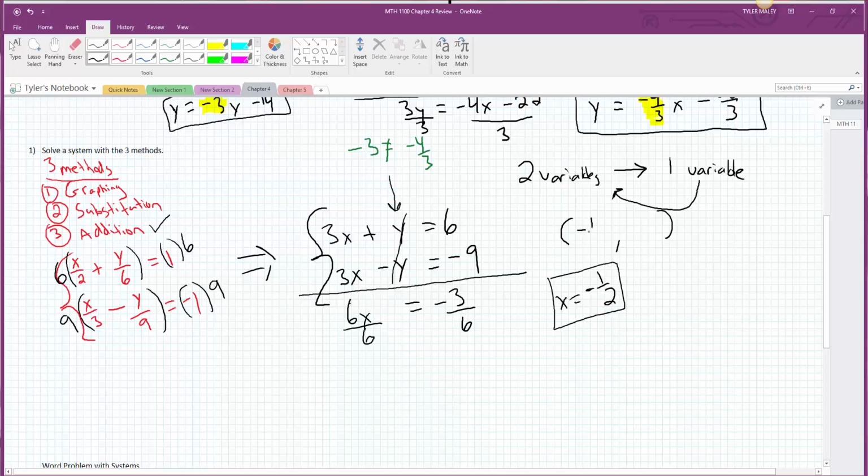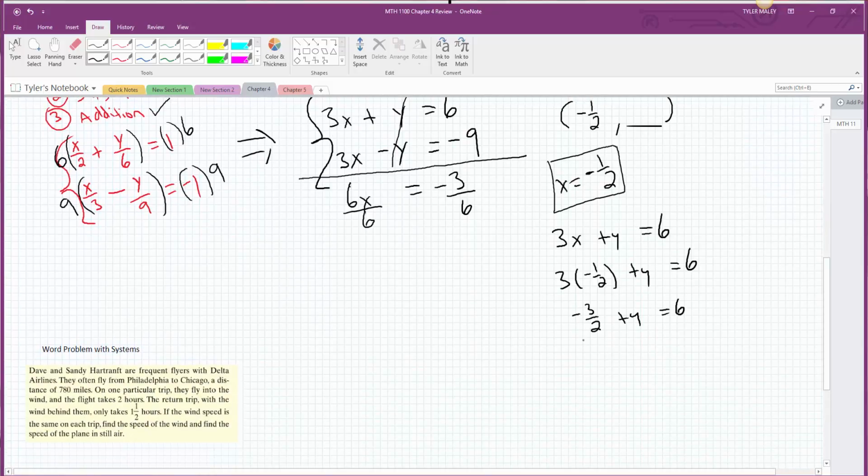So x is -1/2, and I'm missing the y coordinate, which I can find by plugging it back into one of the equations. I'll pick the top one, 3x plus y equals 6. If I take 3 times -1/2 plus y, I get 6. So 3 times -1/2 is -3/2, plus y equals 6.